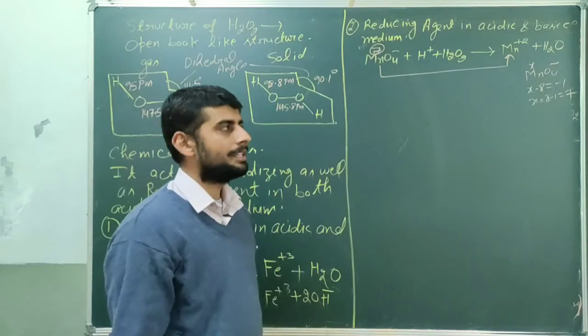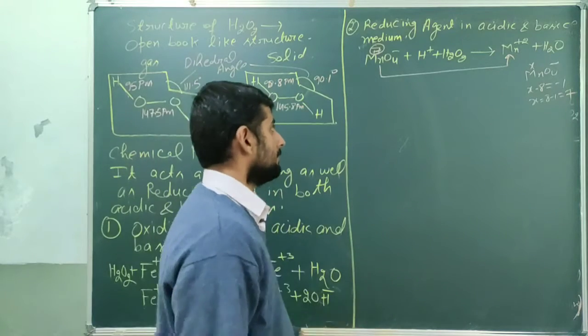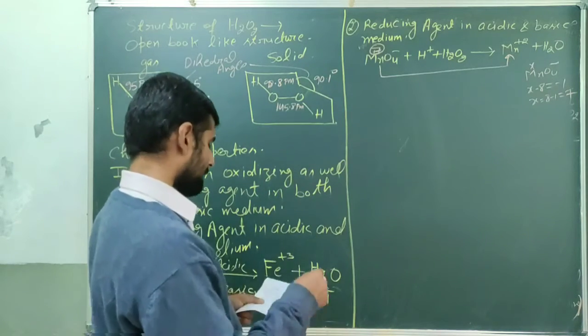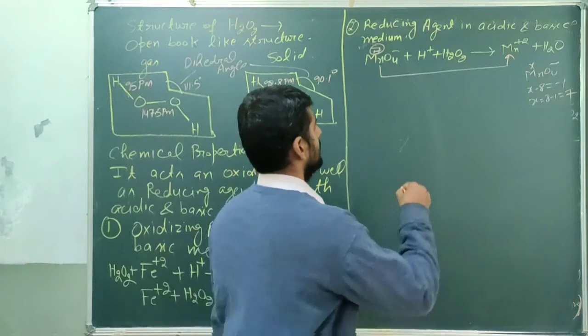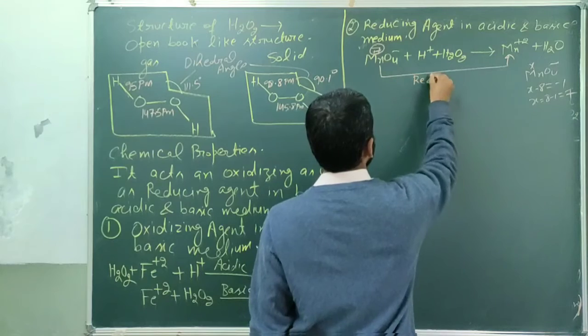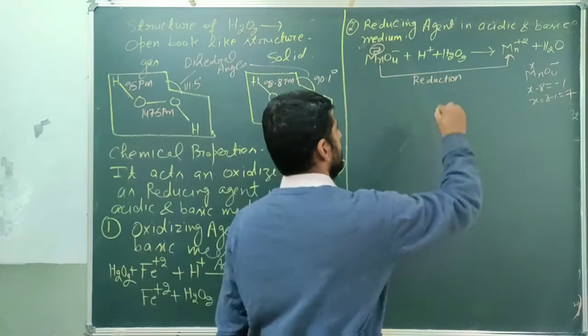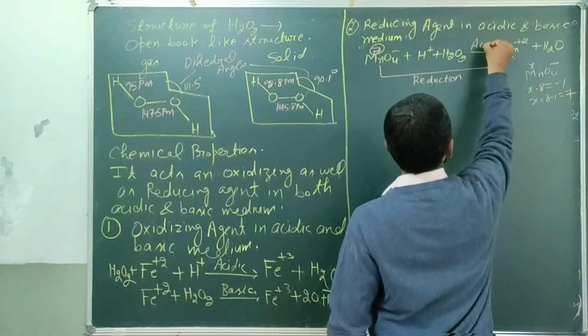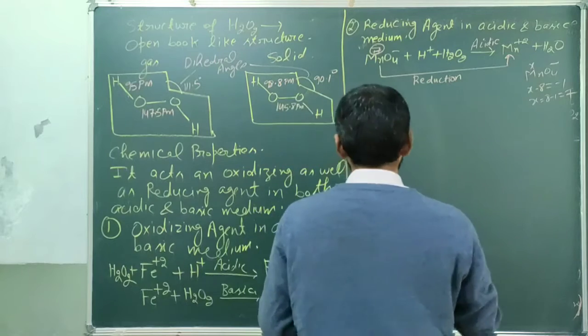Is the oxidation number increasing or decreasing? Here plus 7 to plus 2, so reduction occurs. The medium is acidic.